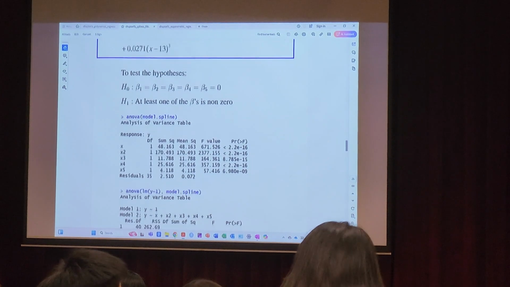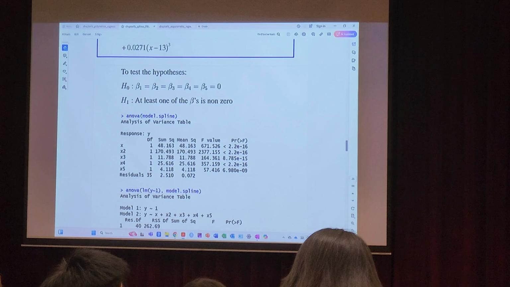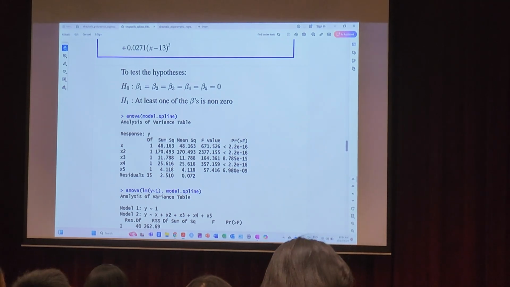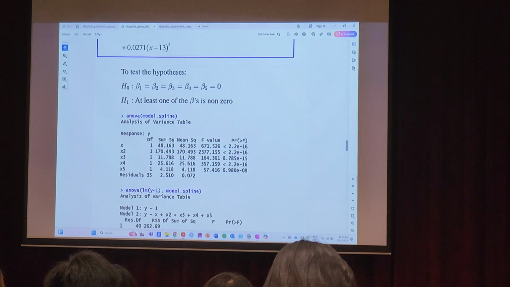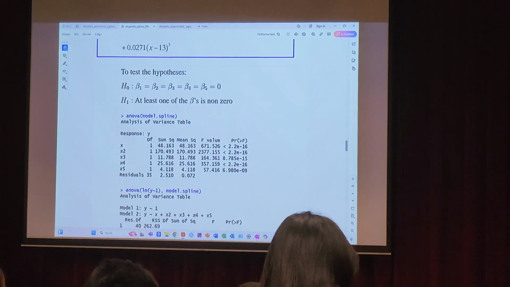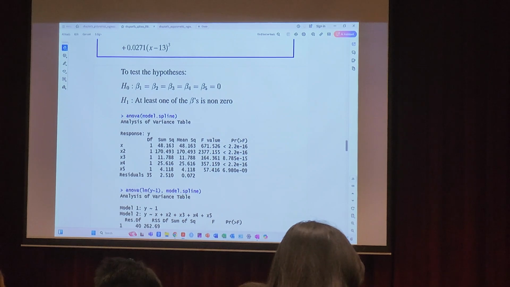So how do we do tests? Well, if you have a multiple linear regression model, all the tests that we have described earlier will follow. For example, I want to test whether this spline model, the entire spline model, is useful or not. So to do that, I test beta 1, beta 2, beta 3, 4, 5, all equal to 0.